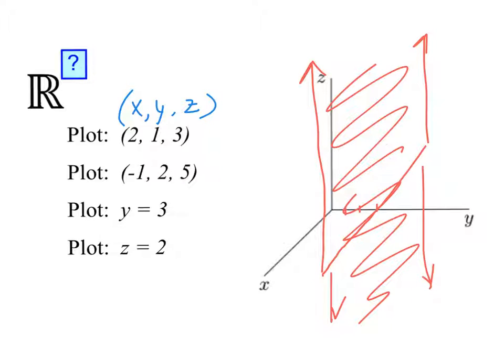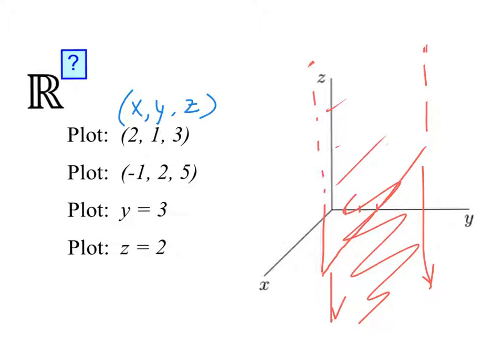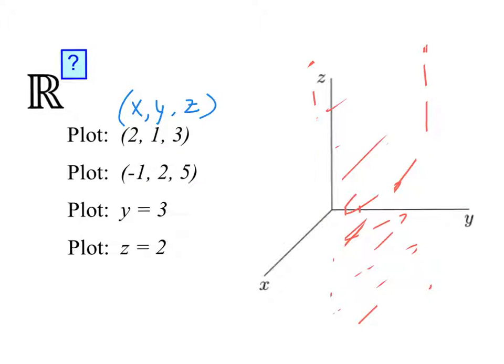Okay, so the next thing, of course, is, all right, well, z equals 2. What is that going to look like? Let me give myself a little room here. We'll go through z equals 2, like this.